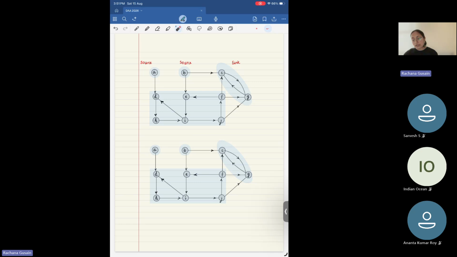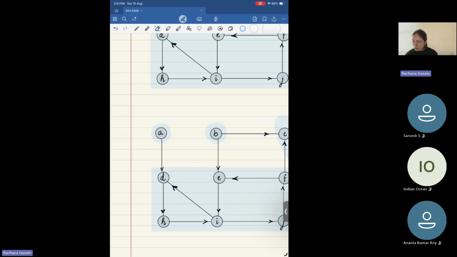What we really want is a node in a sink strongly connected component. So what we can do is keep the graph and reverse all the edges, right? So let me reverse the edges of this graph and see what it gives us. I'll have the same graph, just that I'm going to reverse the direction of the edges.